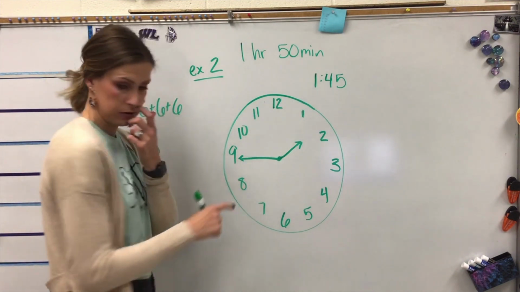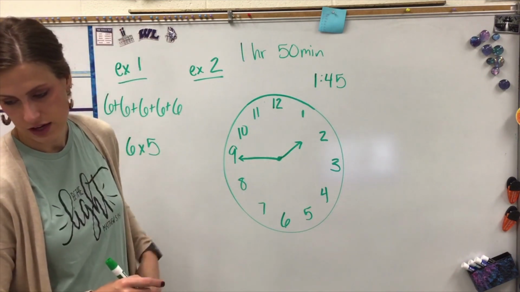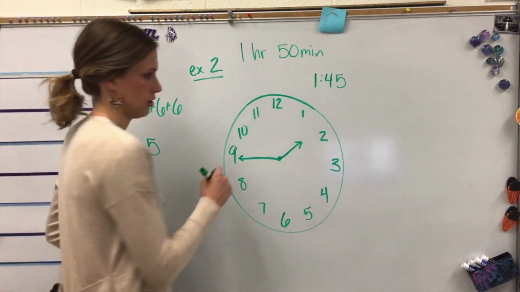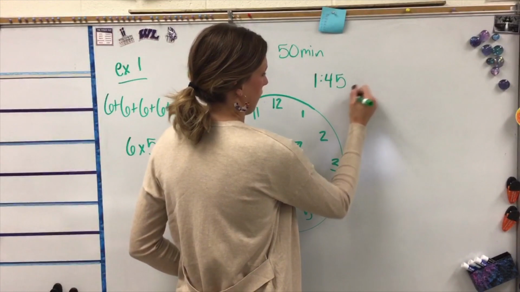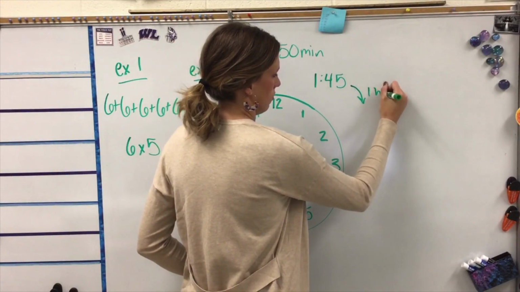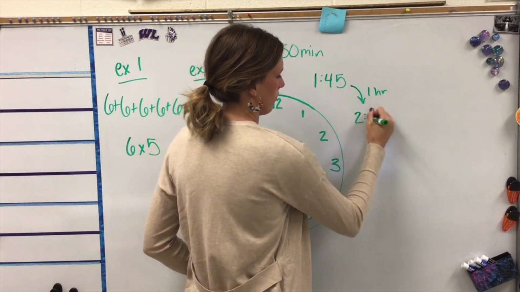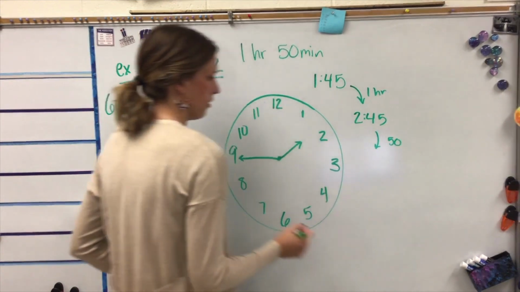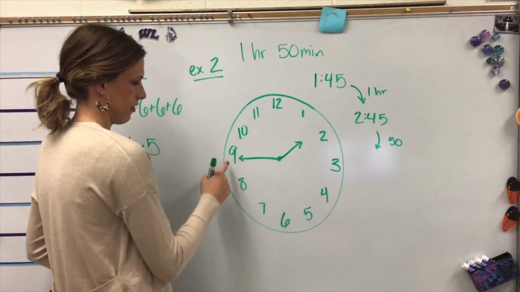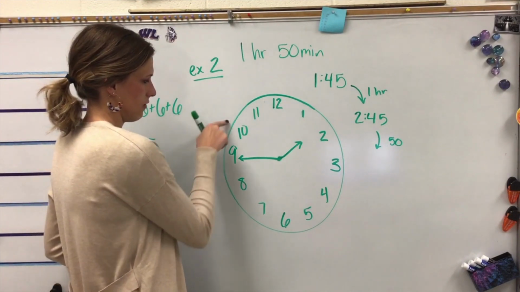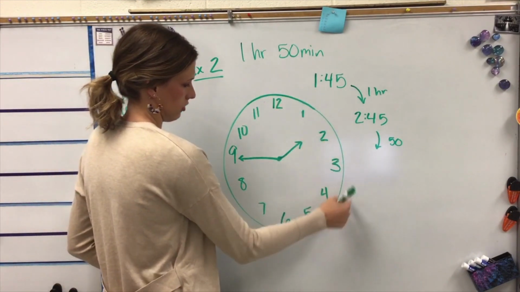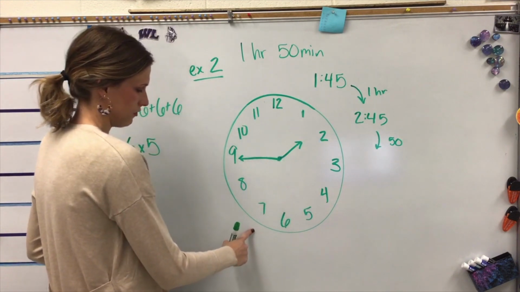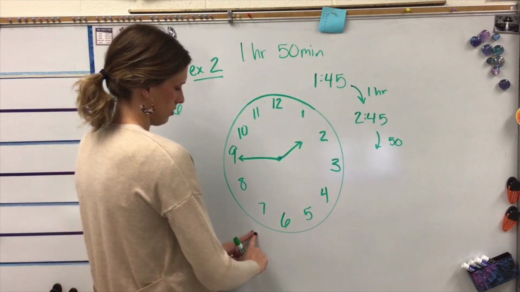So 1 hour after 1:45 is 2:45. Now I still got to do 50 more minutes after that. All right, so if I did 50 minutes after this: 5, 10, 15, 20, 25, 30, 35, 40, 45, 50, would be right here.